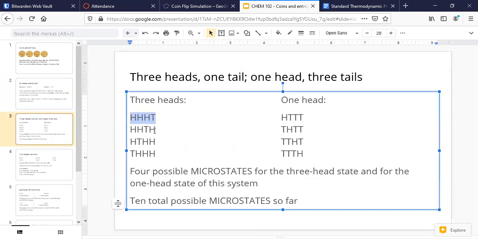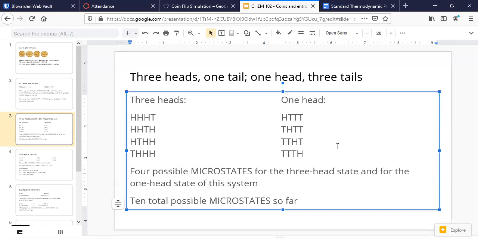Here's 1, 2, 3, 4 microstates with 3 heads. 1, 2, 3, 4 microstates with 1 head. 1 plus 1 plus 4 plus 4: 10 accounted so far. We good with this? Okay.